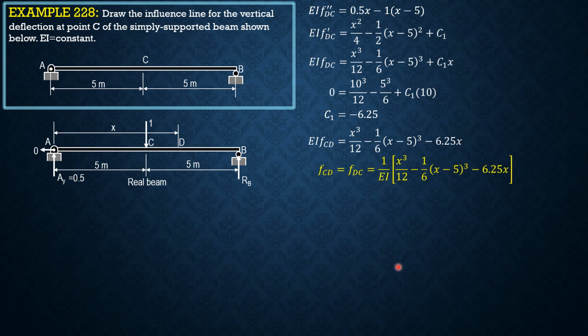So when x is 5, 5 cubed over 12 minus 6.25 times 5 will give us, so this is the influence line for vertical deflection at C. That's f_CD equals f_DC equals 1 over EI quantity x cubed over 12 minus 1/6 of quantity (x minus 5) cubed minus 6.25x.